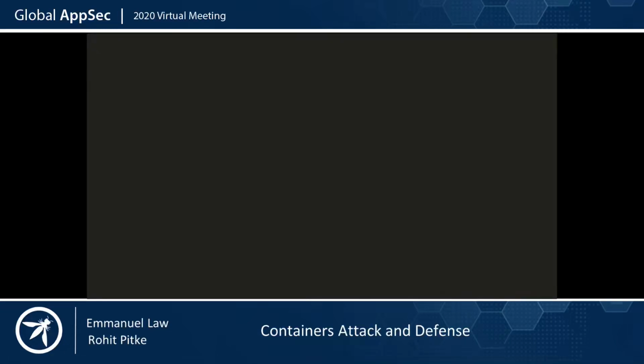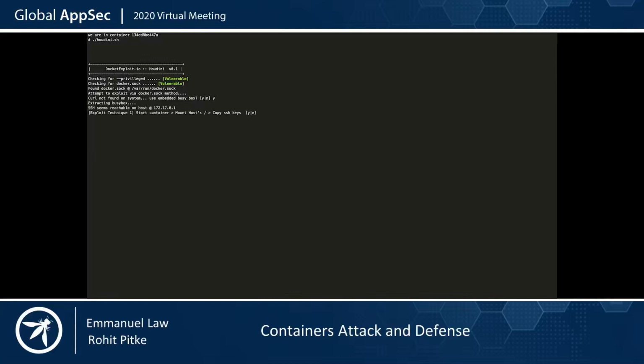Okay, in this terminal, we are inside a container. And what we are doing now is running the Houdini tool. This tool checks for a couple of different vulnerabilities or misconfigurations within the container itself.